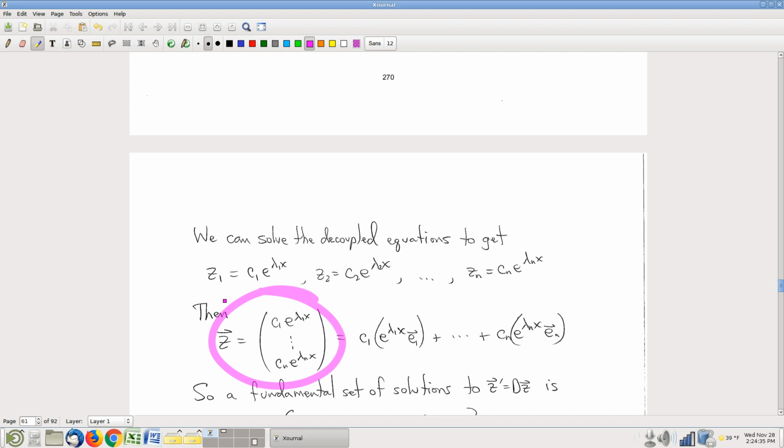So before we actually do our multiplication back by P, I'm going to rewrite this as a linear combination. Now, this is just a Chapter 1 thing, but our first component being c1 e to the lambda 1 x, I can think of just this first component by itself. If I were to pull it out from the rest of the vector, you can think of it as being this. And the e1 vector here is just the recognition that this thing is what goes in the first position.